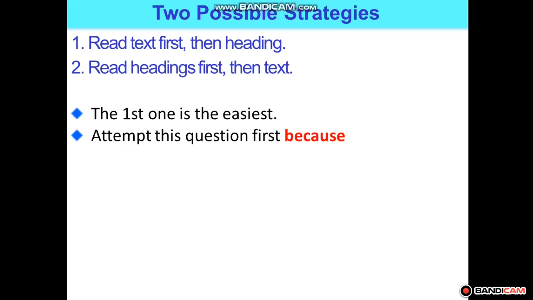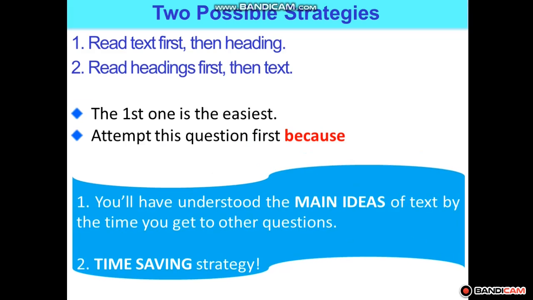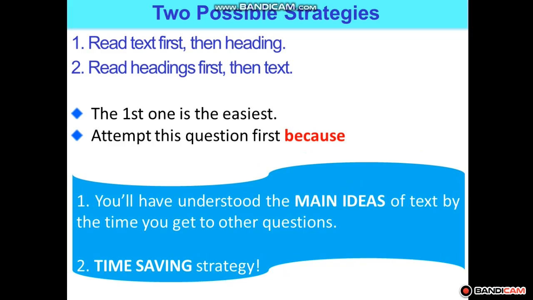So if you attempt this question first, then you have done 90% of your job, because it becomes easy for you. As you can see, I'll show you here. Advantage number one is you will have understood the main ideas of the text by the time you get to other questions.